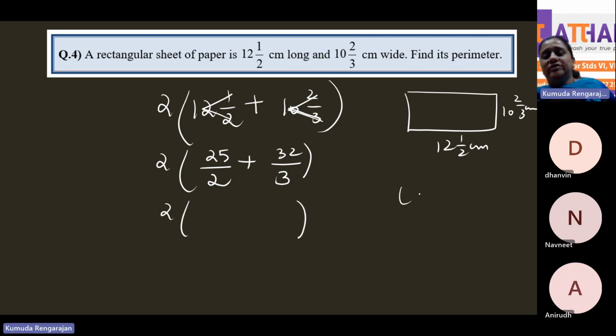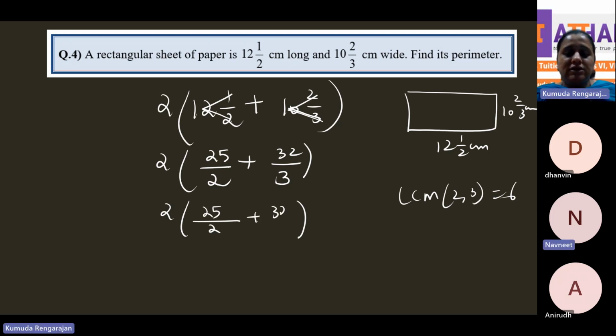What's the LCM of 2 and 3? 6. So 25 by 2 into 3, and 32 by 3 into 2. Ma'am, 25 into 3 into 2. And here numerator also into 2.